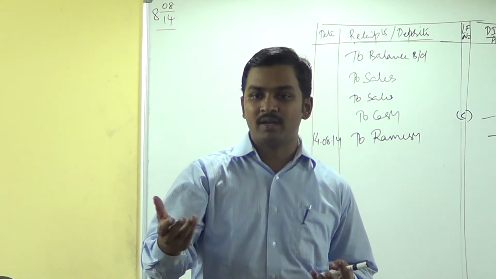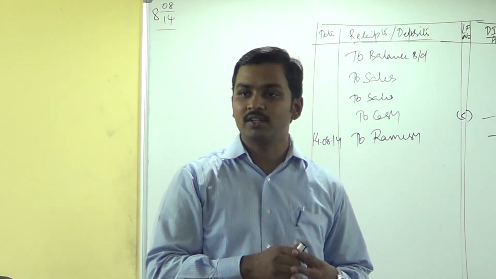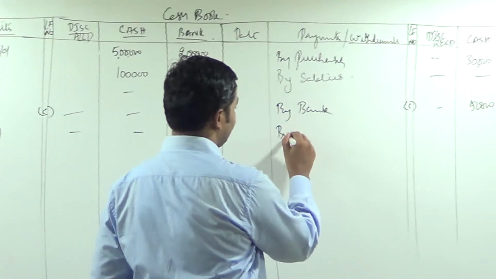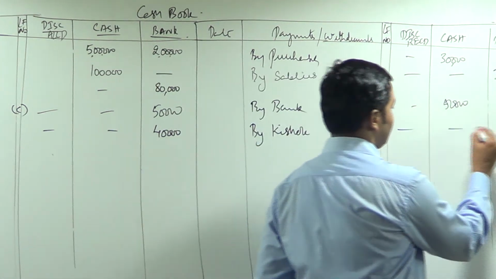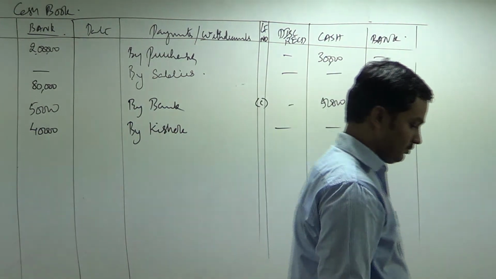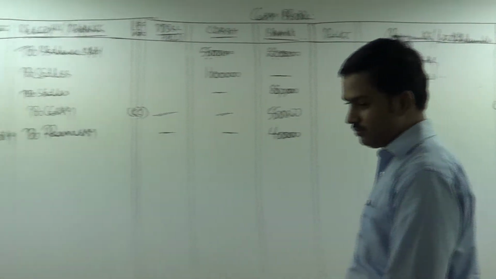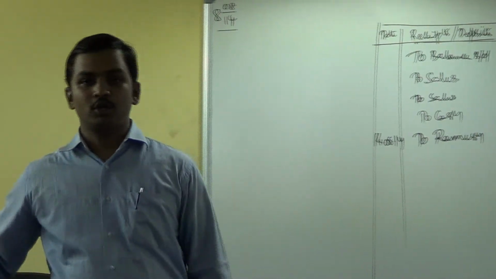So if you want to know your correct bank balance, you have to immediately record it as a withdrawal and reduce the balance. So right here, by Mr. Kishore, 50,000.